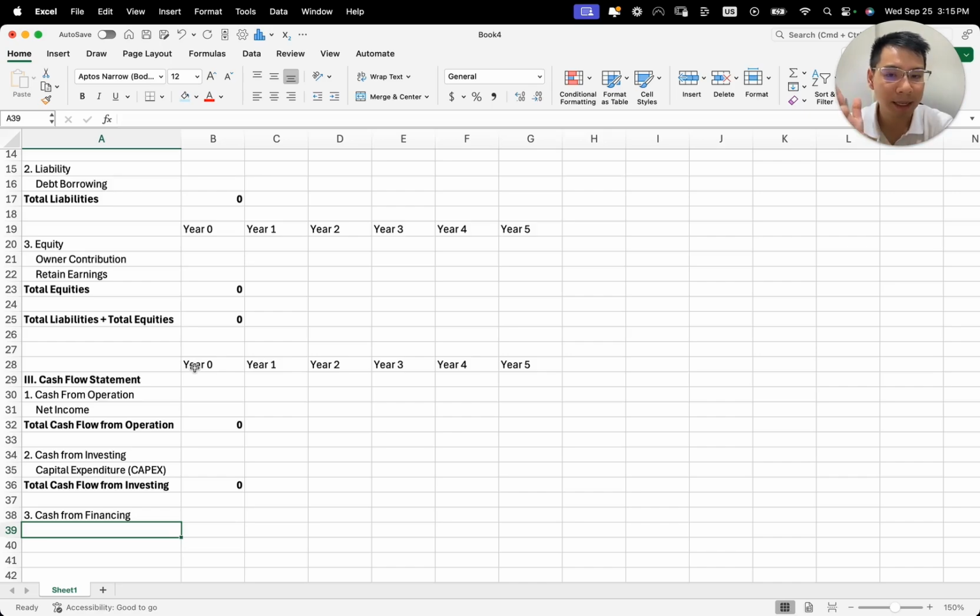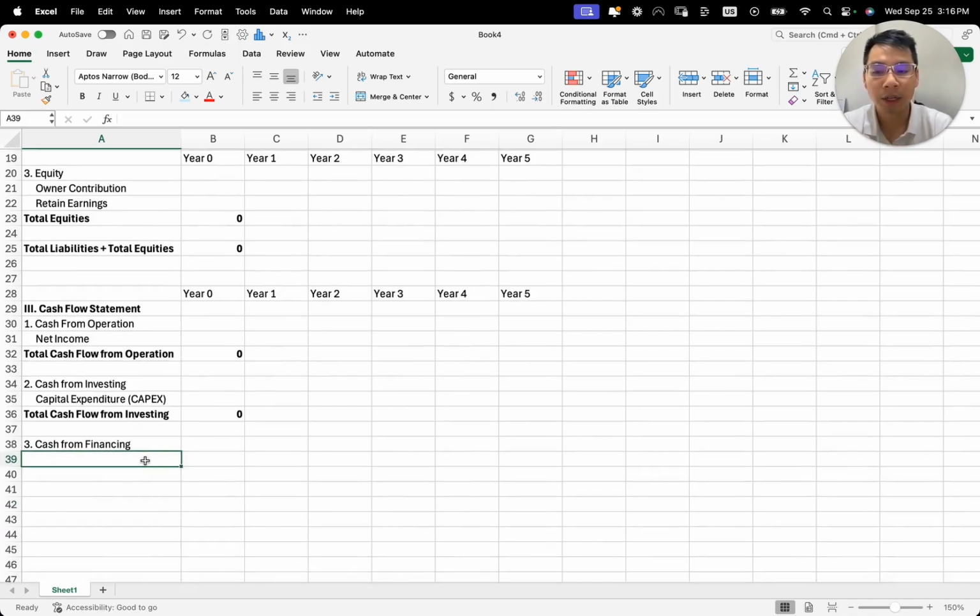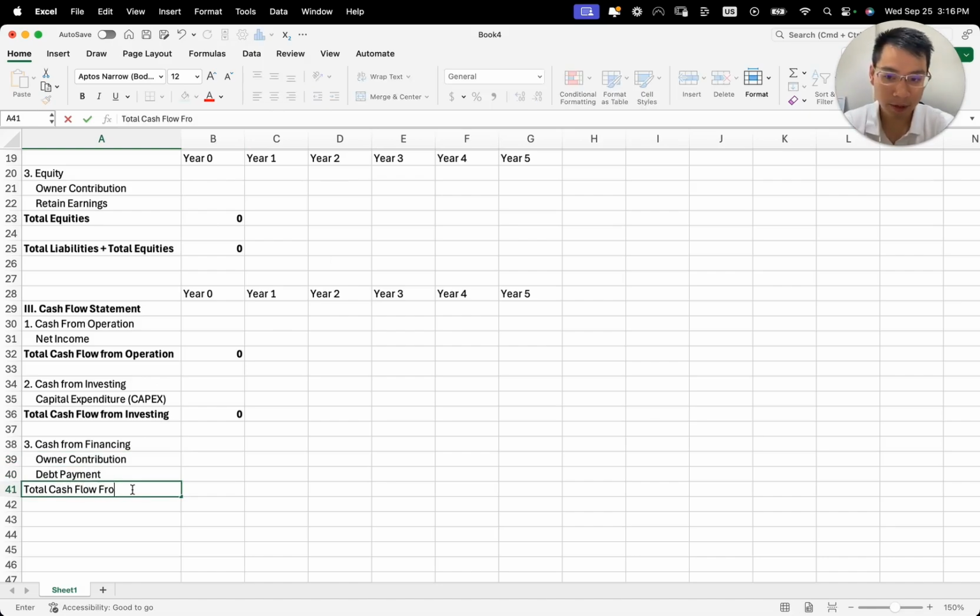It's different from business activity like operations, where you do business and generate revenue, or investing, spending on capital, on machines to grow the business. Cash flow from financing just deals with the owners or the debt collectors. There are two components I want to introduce here: the owner contribution, and the debt payment. These two are very critical for our cash flow from financing. And we're also going to have the total cash flow from financing.